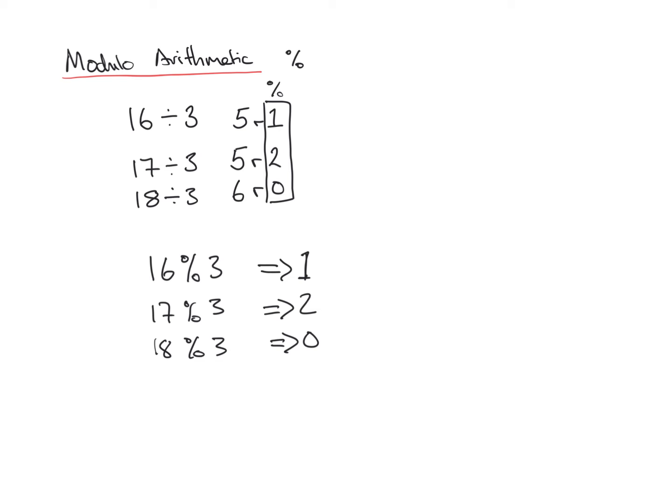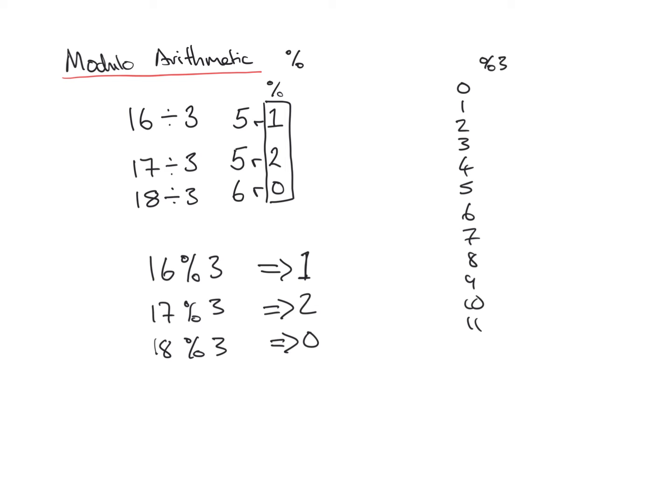Okay, so that's all great, but there's also an interesting property about the modulo. If I write out a series of numbers, from 0, 1, 2, 3, okay, and now I'm going to find the modulo of each number.